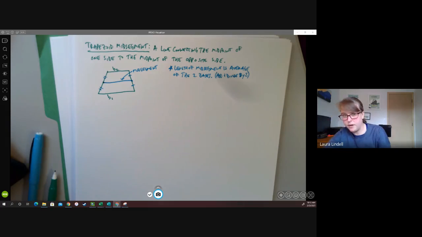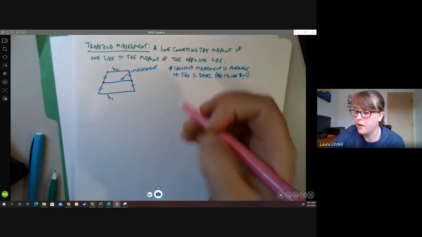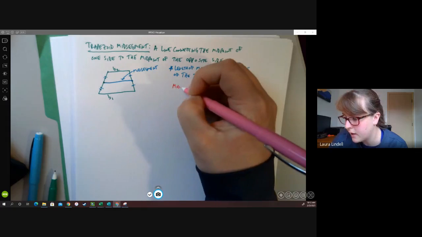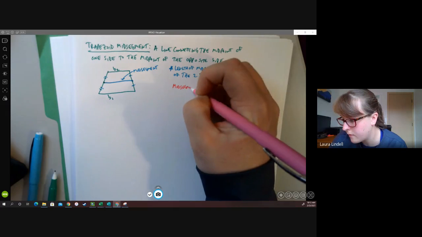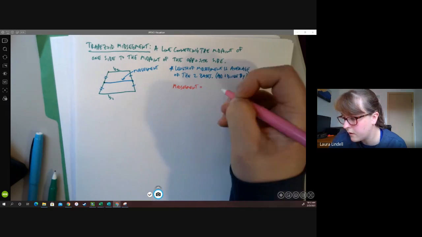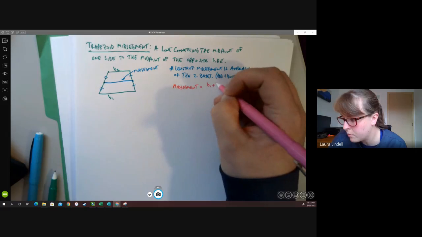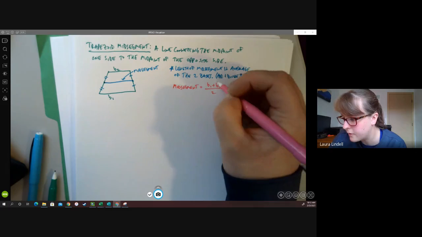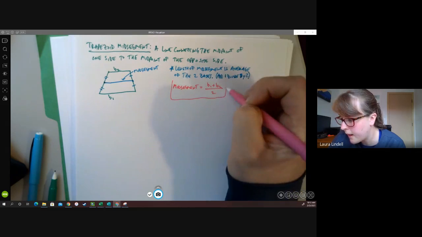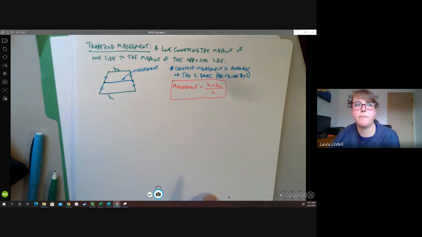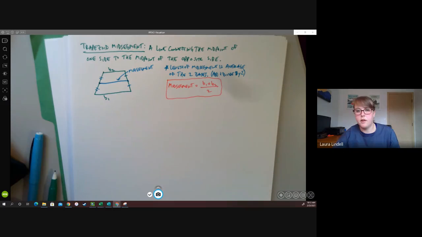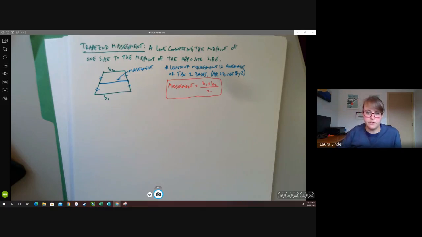So the formula we're interested in here is the length of the mid segment is equal to base 1 plus base 2 divided by 2. Okay, I'll give everyone a moment to finish writing there since I know I wrote a little bit fast. And then we're going to do some examples involving the mid segment.